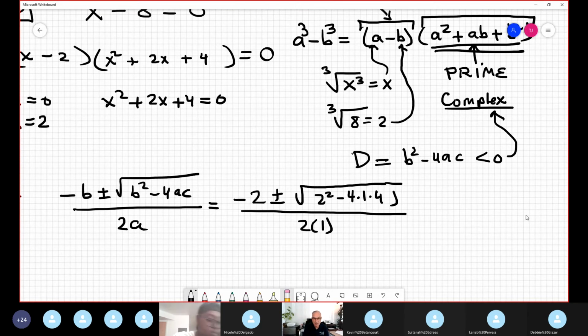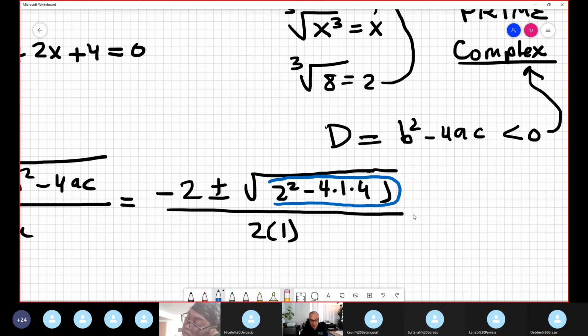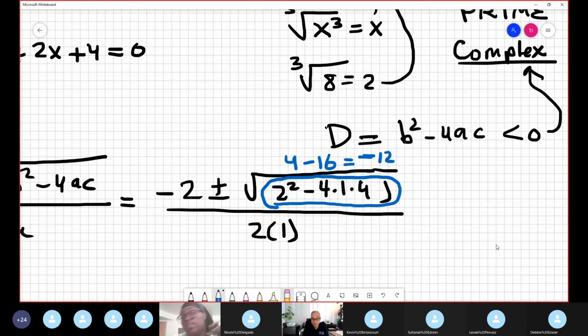Okay. Let's focus on the expression inside the radical. 2 squared is 4. Minus 16 is negative 12. And with negative 12 being inside the radical, it's going to render an imaginary number.